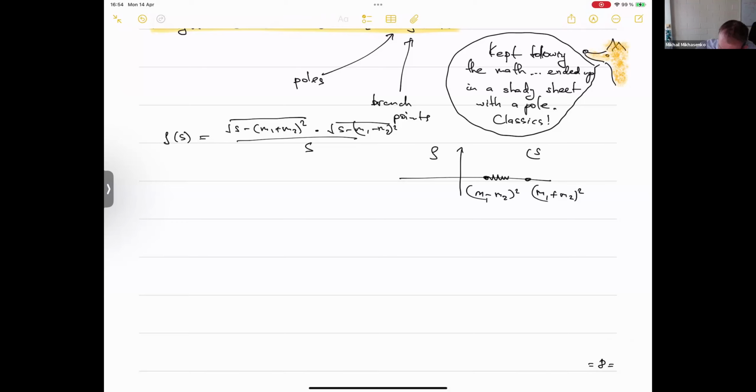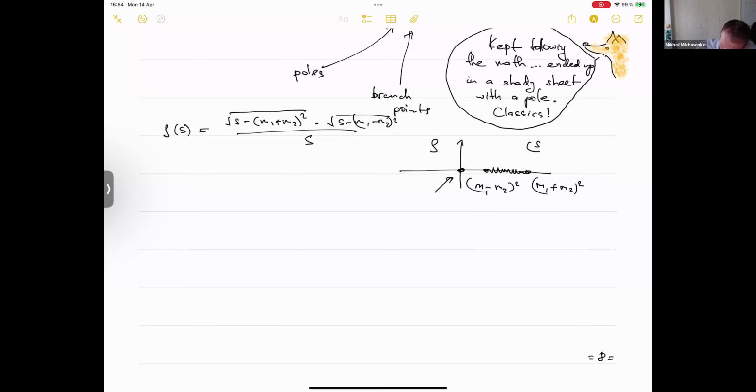The branch cut connects the two. One also finds that s equals 0 is a singularity and it's a pole.